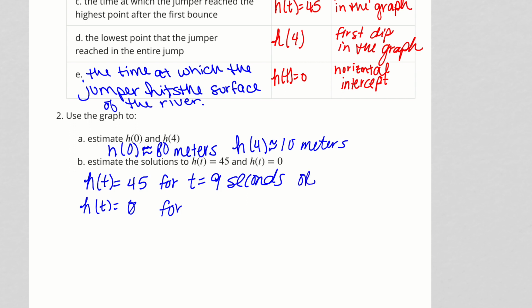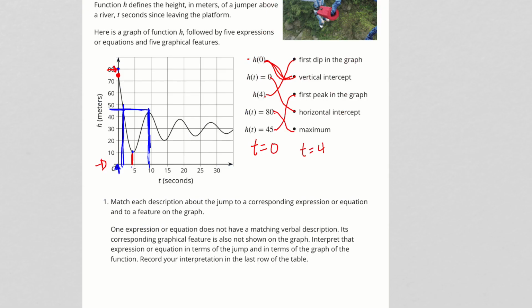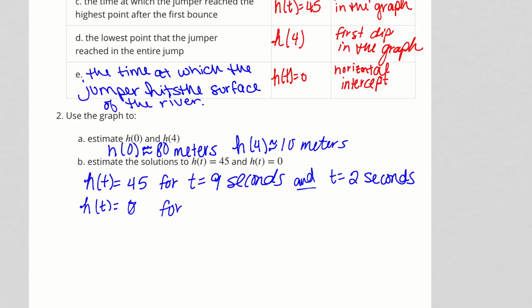Or t equals, not or, let's say and, because it does do that. T equals 2 seconds. So I'm sorry, I should have just looked off of this and went all the way across to find my points.